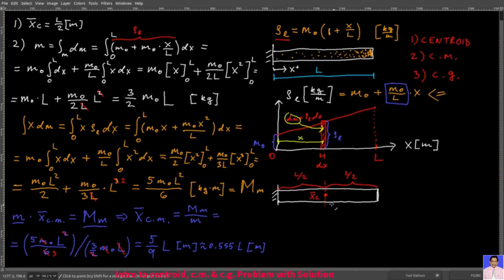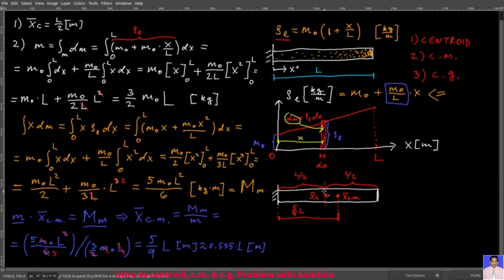So if I have this beam, then this is my centroid, and this one here, 5 over 9 times L meters away from the beginning of the beam, that's where your center of mass is. As you can see, it's different from the centroid, because the density varies with the beam's length. X bar cm is more shifted to the right because you have higher mass concentration there. So as you can see, the concept of centroid and center of mass are in fact two different concepts.